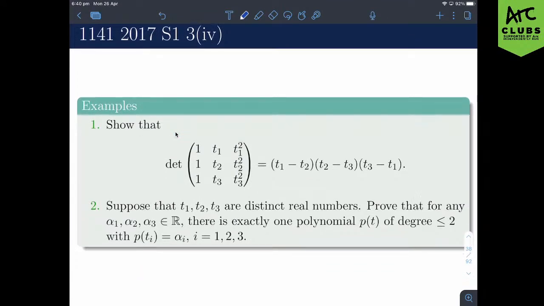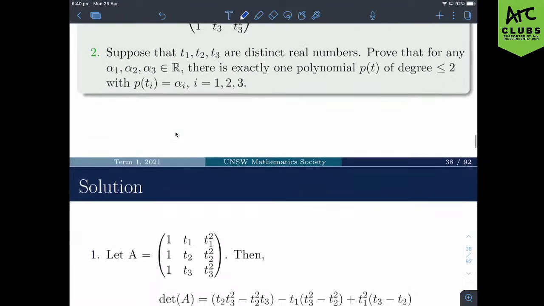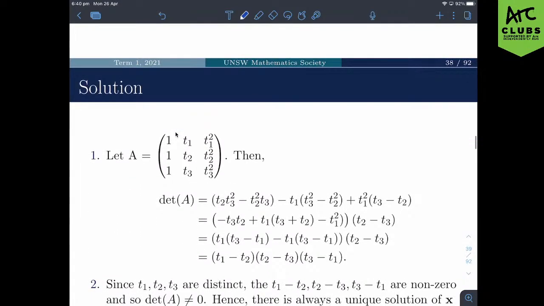Next question, we want to find the determinant of this 3 by 3 matrix, and it should be pretty straightforward because we're simply plugging it into the formula and factorizing to get our final solution.